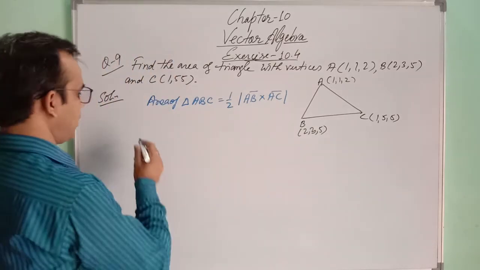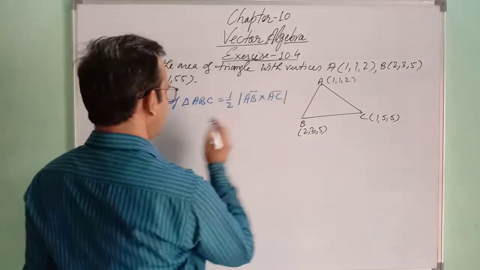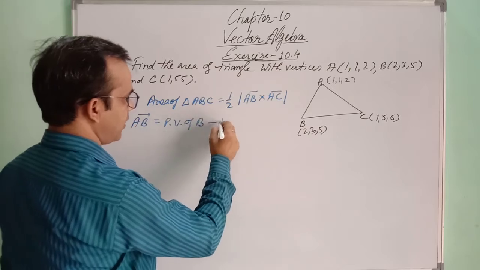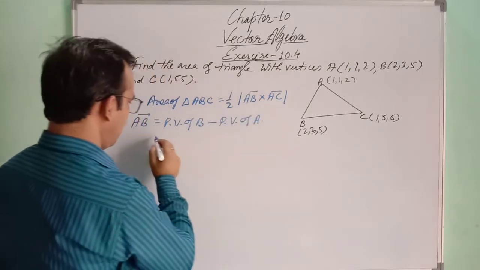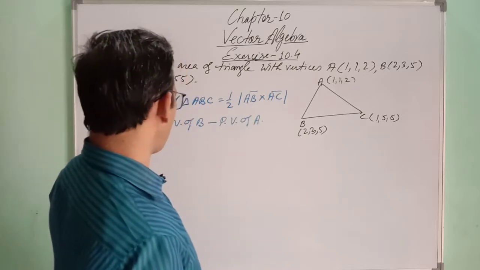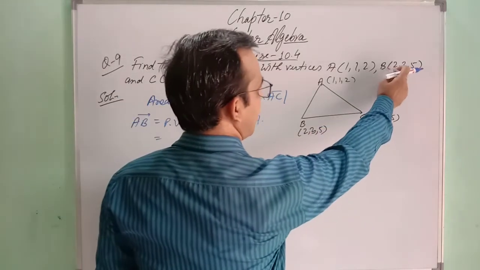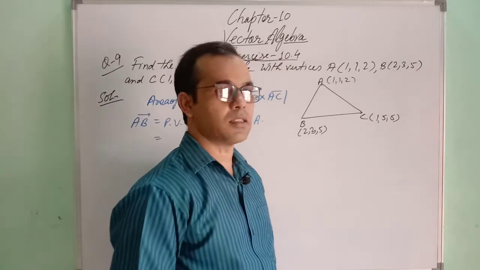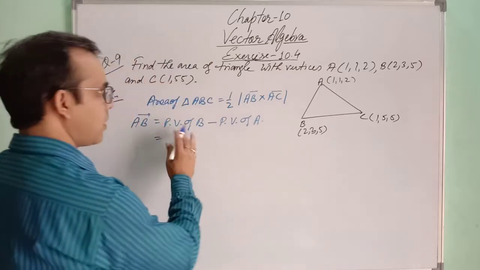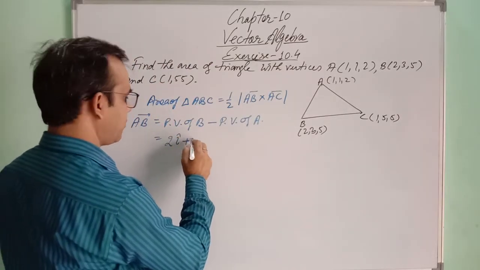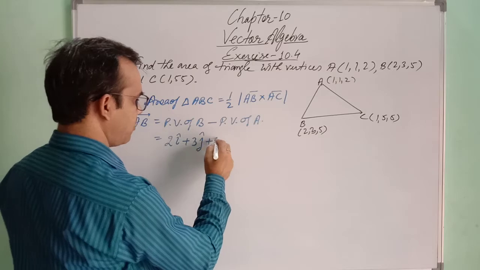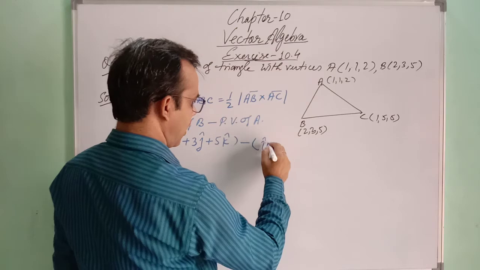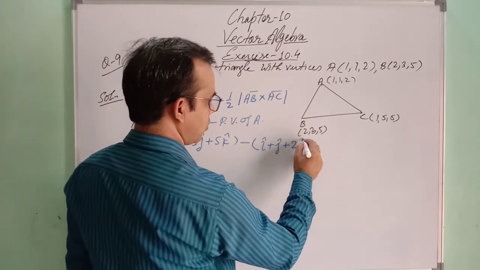How will we find the AB vector? AB vector equals position vector of B minus position vector of A. B is having the coordinates 2, 3, 5, so its position vector will be 2i cap plus 3j cap plus 5k cap, minus position vector of A, that will be i cap plus j cap plus 2k cap.